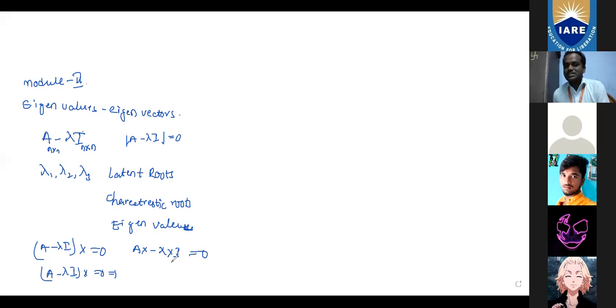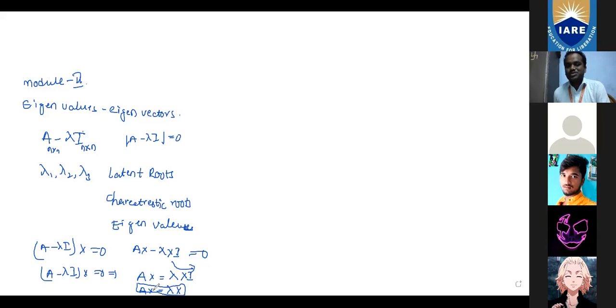We can send this term to the other side: Ax is equal to lambda xI. Since I is the unit matrix, we get only x. So that is Ax is equal to lambda x. In some cases we write the corresponding eigenvector as Ax is equal to lambda x.